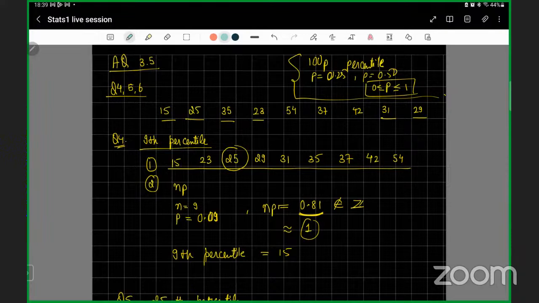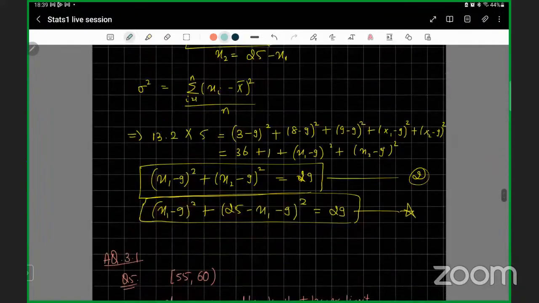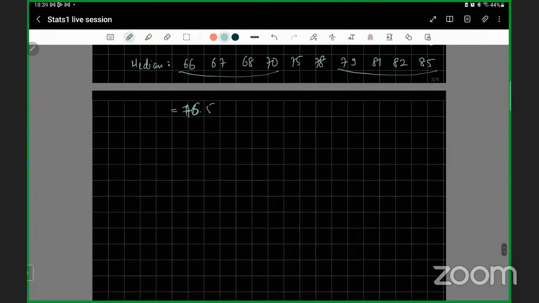What value of p will you put in 100p to get the 25 percentile? 0.25. Similarly, for any percentile you take, why 0.25? Because you are interested in the 25 percentile, divide by 100. Yes, we have to divide it by 100, because p lies between 0 and 1. I mean, we are saying 100p.